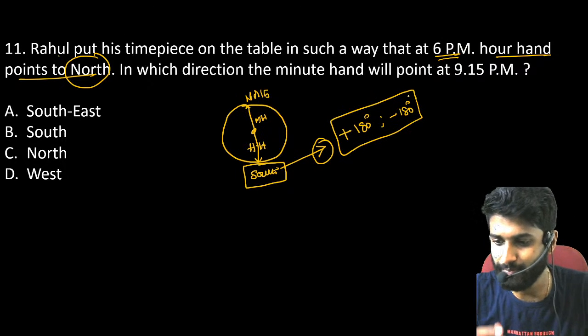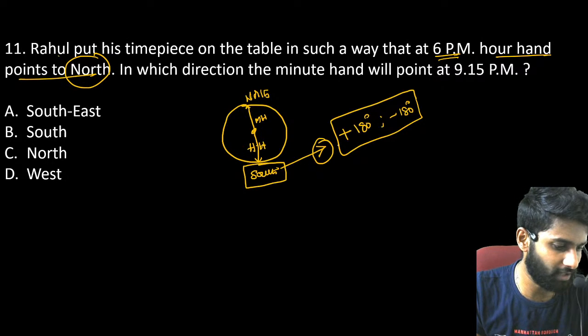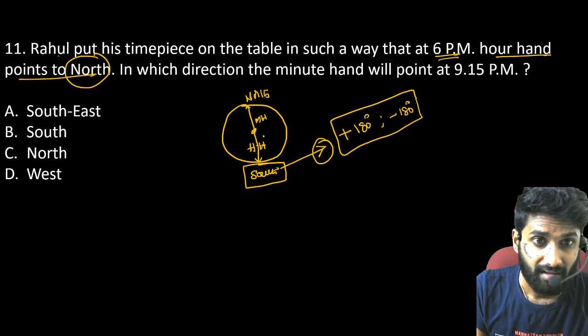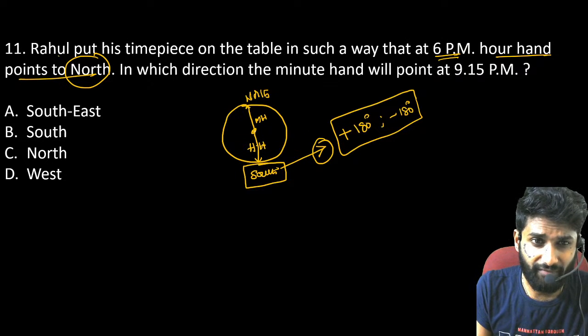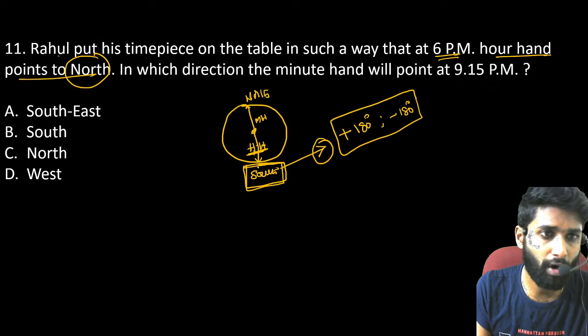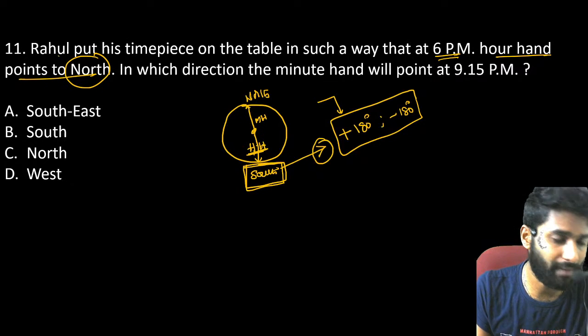Whatever the information here, originally the hour hand points south, but according to the question it points north, so definitely the clock is wrong. It shows the wrong angle of either 180 degrees or minus 180 degrees.